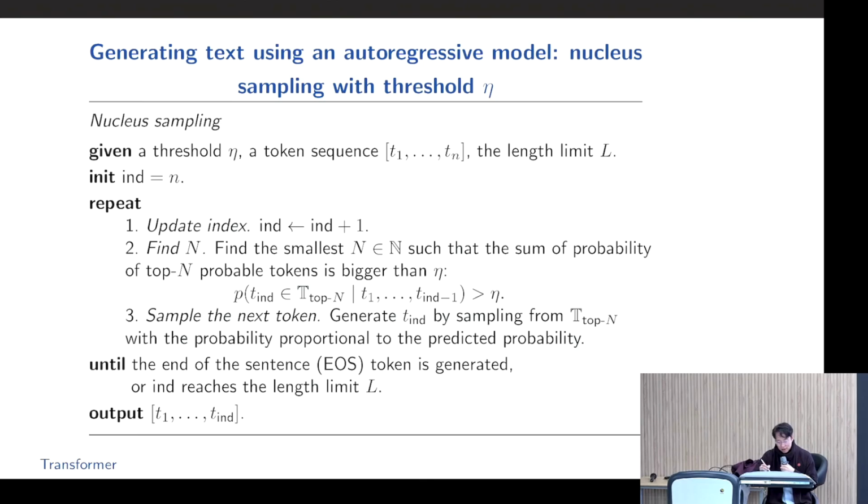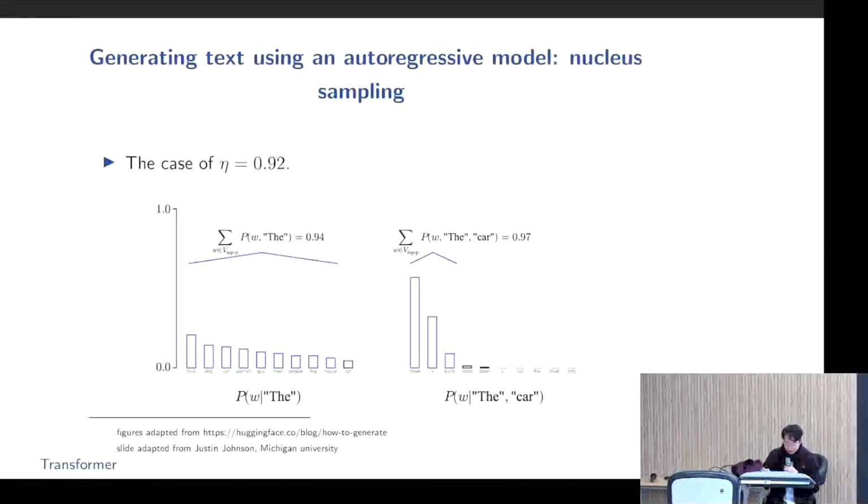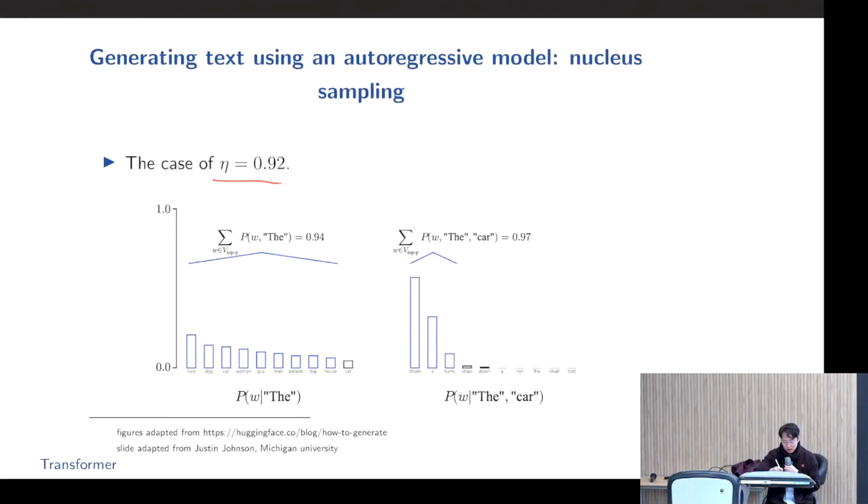Another thing is nucleus sampling, which has some threshold eta, and I think it's easier to explain with the picture. Here, the hyperparameter eta is set to 0.92. So as opposed to having top k, now you take the top logits so that they sum to just over this eta.